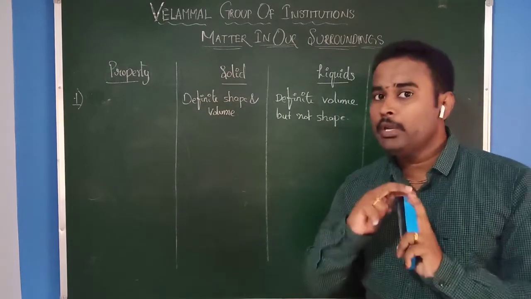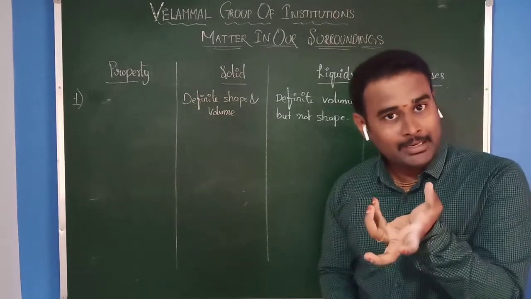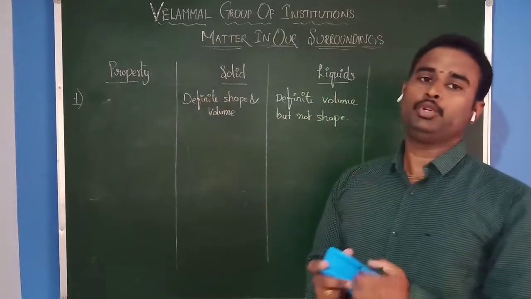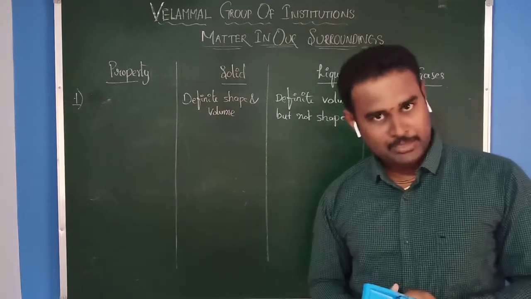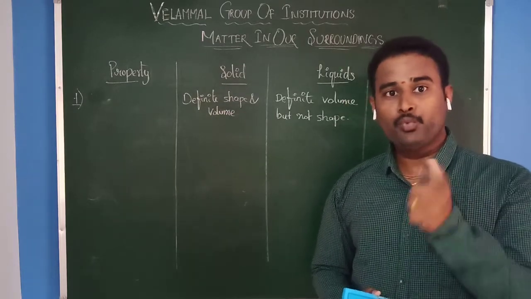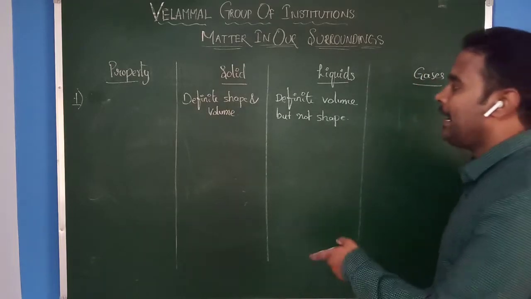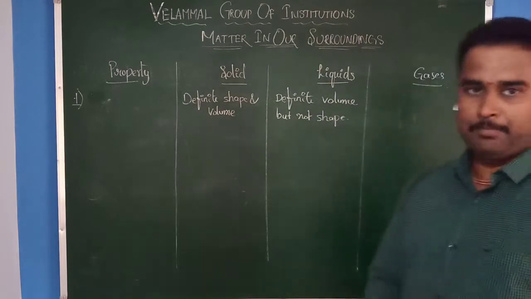That means the volume doesn't change, but the shape of the water changes based on the container you took. Likewise, we can say liquids have definite volume but not definite shape.